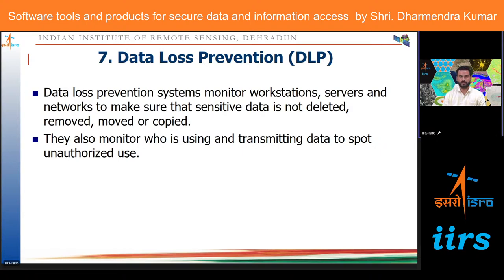These systems also monitor who is using and transmitting data to spot unauthorized use. Nowadays, systems are available for such protection on mobile. So officially, if mobiles are being allowed in the organization, the organization-identified devices can be whitelisted.